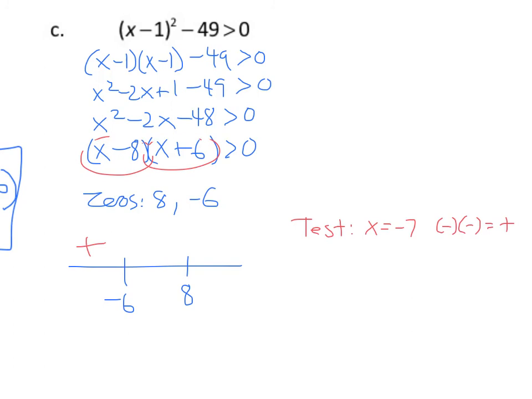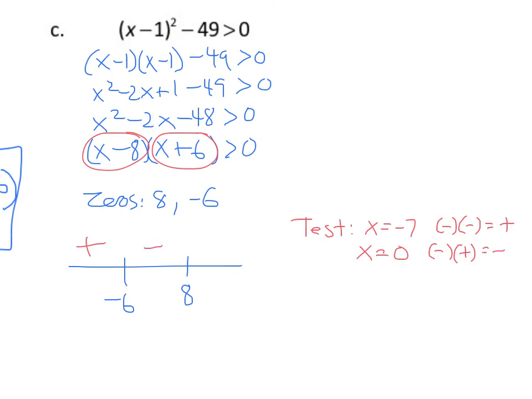Next, I'm going to test something between negative 6 and positive 8. 0 is an easy one. So if I plug 0 into x minus 8, I get a negative. 0 into x plus 6 is positive. Negative times positive is negative.